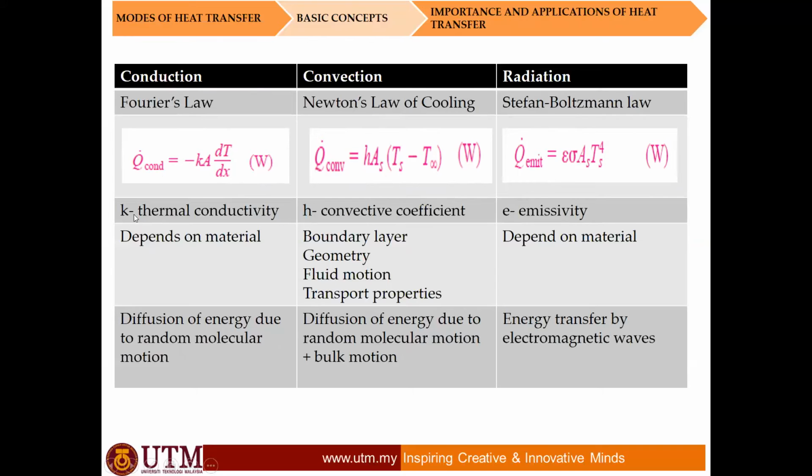The most important parameter for Fourier's law that governs the rate of heat transfer is k, the thermal conductivity of the material. For convection it is h, the convective coefficient. For radiation it is the emissivity of the material. You can read this in detail from the textbook; this is just a summary.